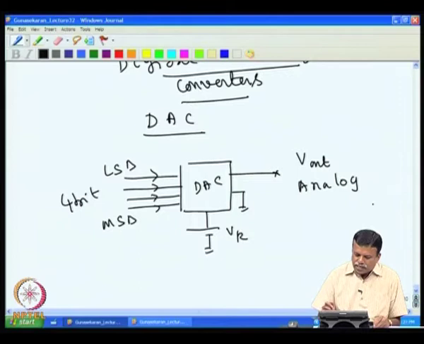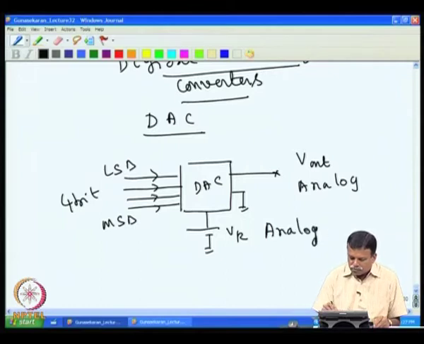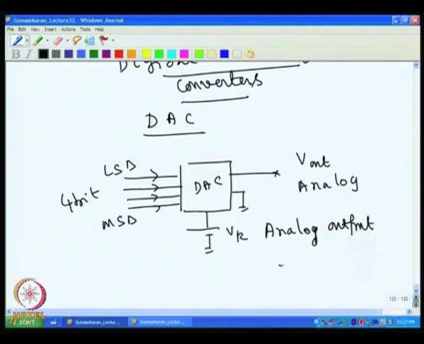Essentially, the analog output voltage is nothing but V reference times the digital word.